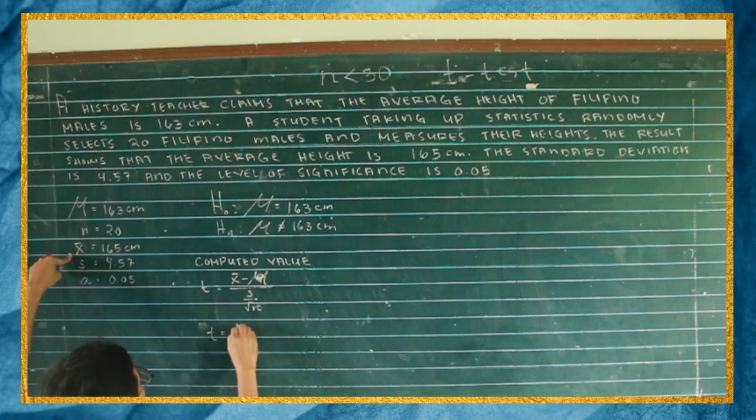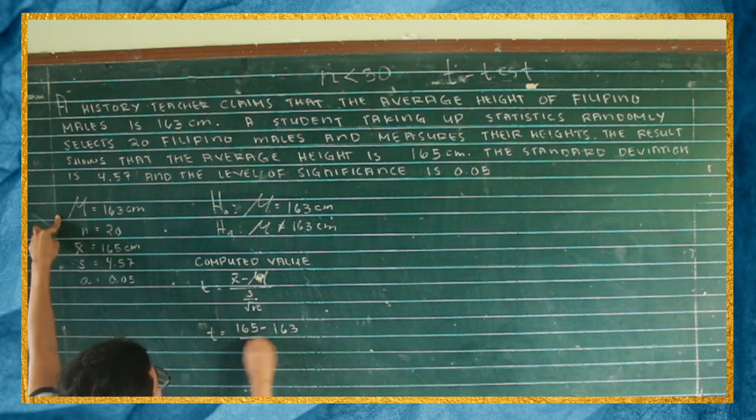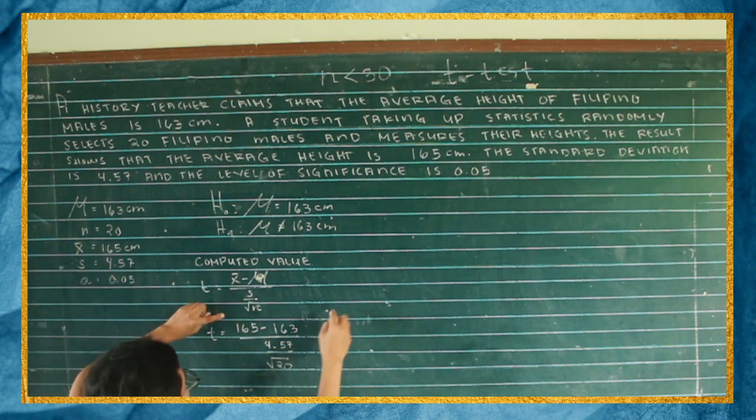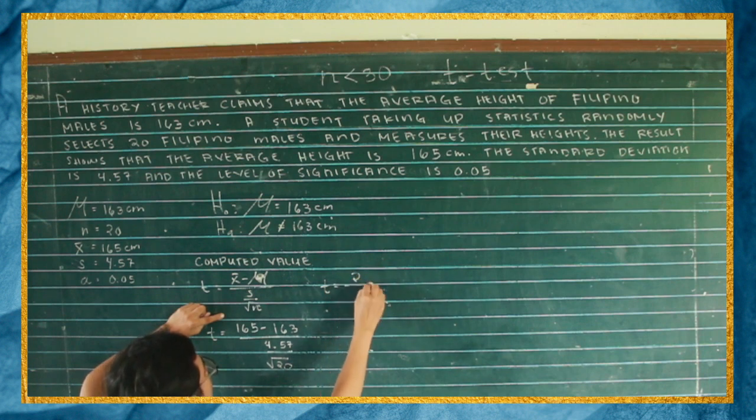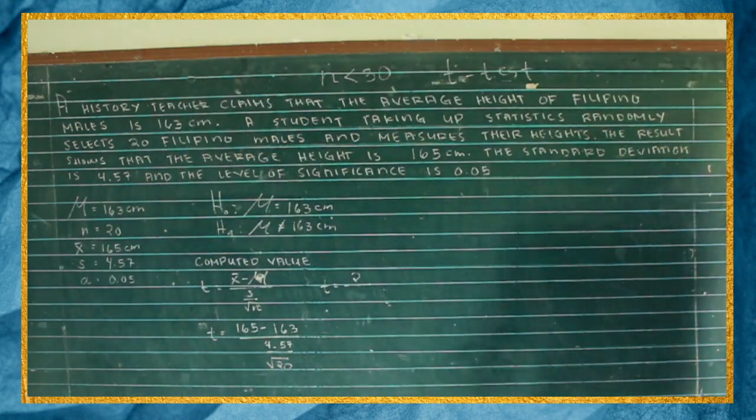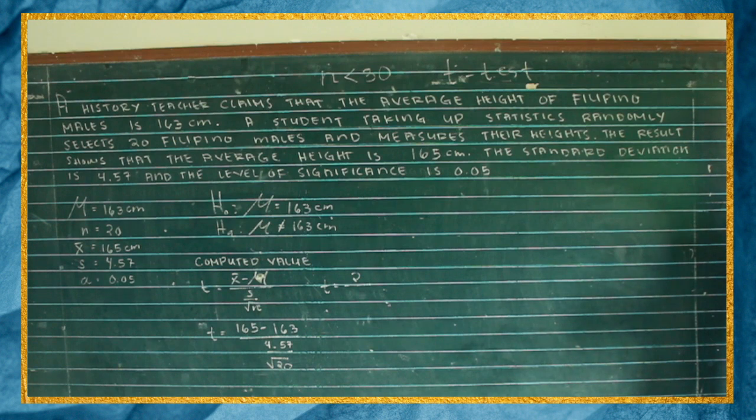So the sample mean is 165 minus the population mean 163 all over standard deviation 4.57 over square root of 20. So 165 minus 163 is 2, over, click na natin ito, 4.57 divided by square root of 20.